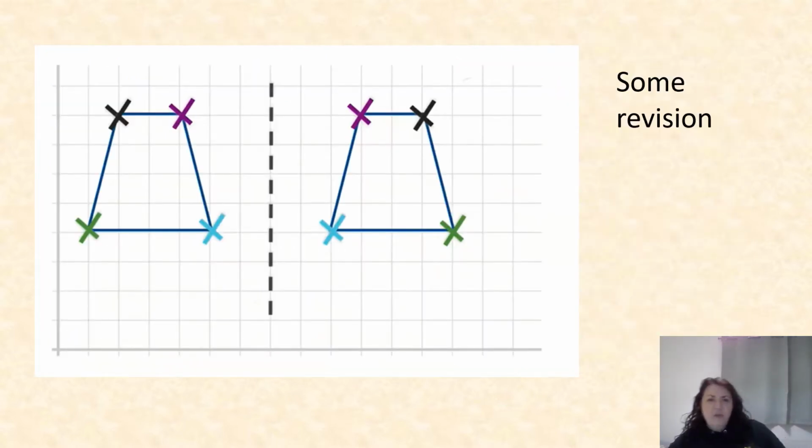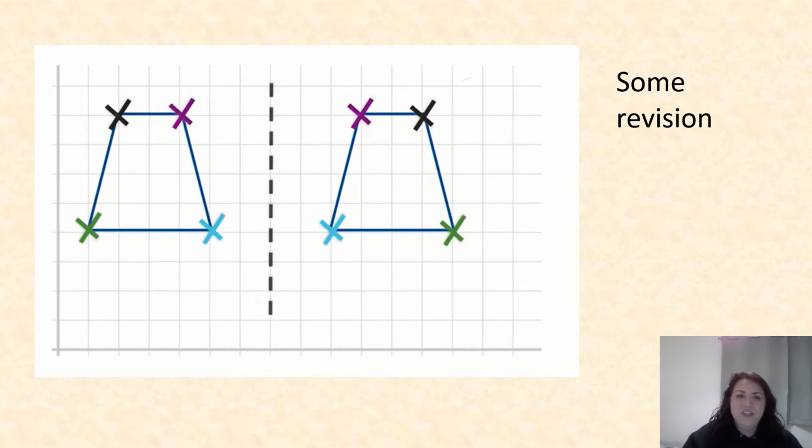Okay, let's just start with a bit of revision. Have a look at this isosceles trapezium, this quadrilateral. What has happened to it? Now, hopefully you can see that it's been reflected. It's not been translated. If those crosses weren't there, it could have been translated.